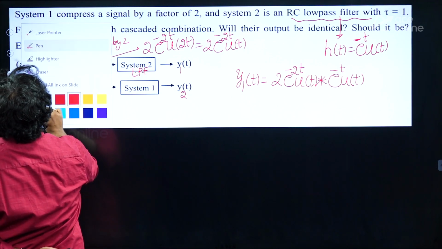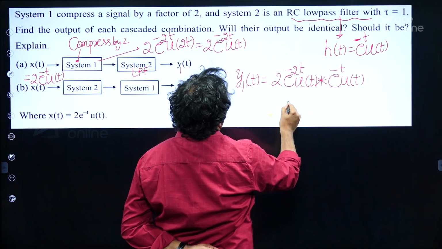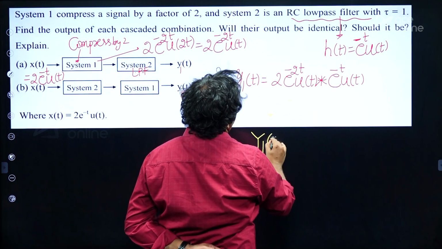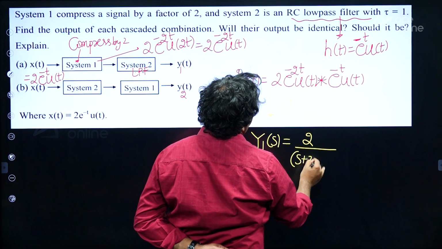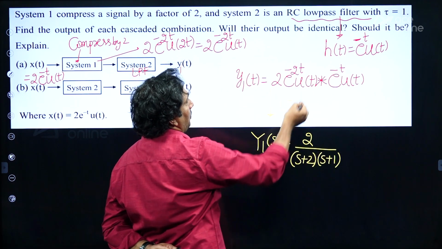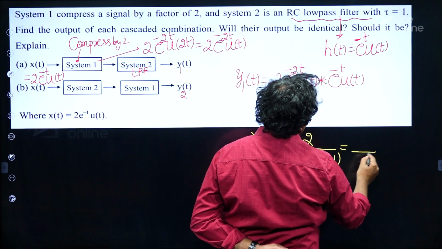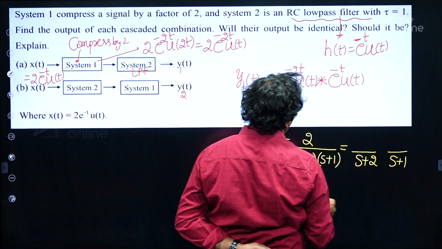If I take the Laplace transform here, because that is an easy tool for us, it becomes 2 by (s+2)(s+1). With e^(-at)u(t), here also e^(-at). If you do partial fraction expansion, what will happen?